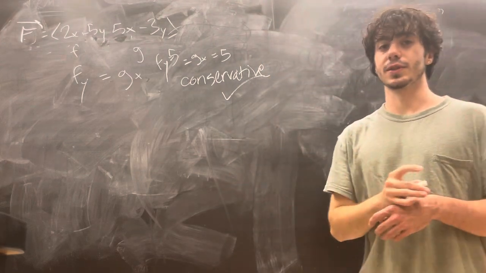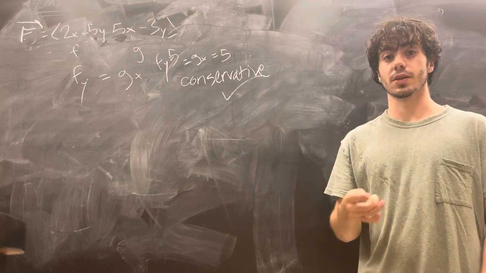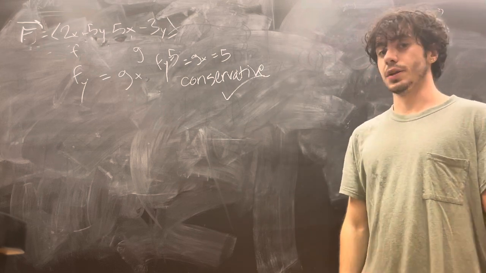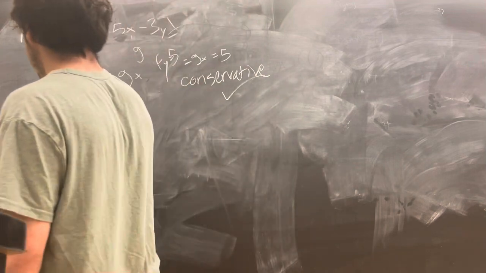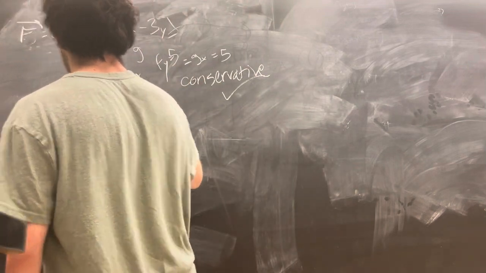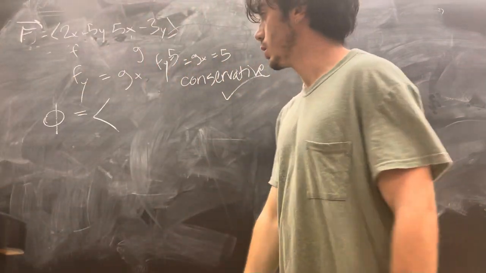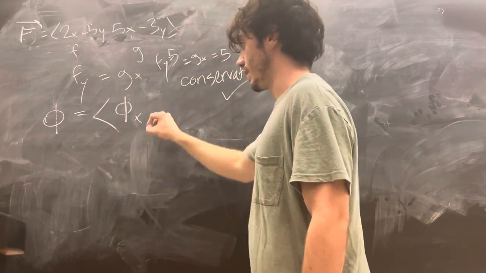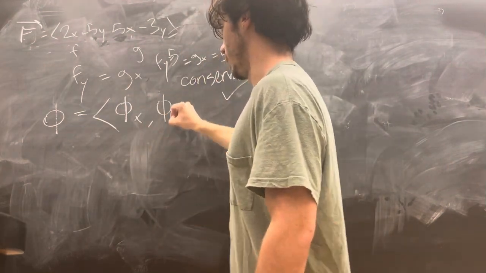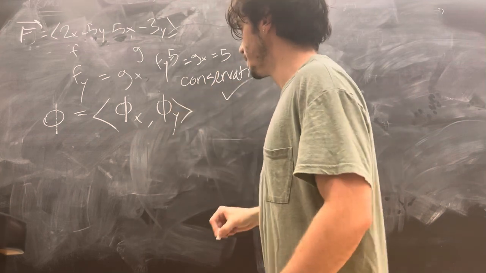Now, a conservative vector field is a vector field that is the gradient of some potential function. And if you recall, the gradient of some function, which we'll call phi in this case, is equal to the vector where the first component is the partial of this function with respect to x, and the second component is the partial of this function with respect to y.